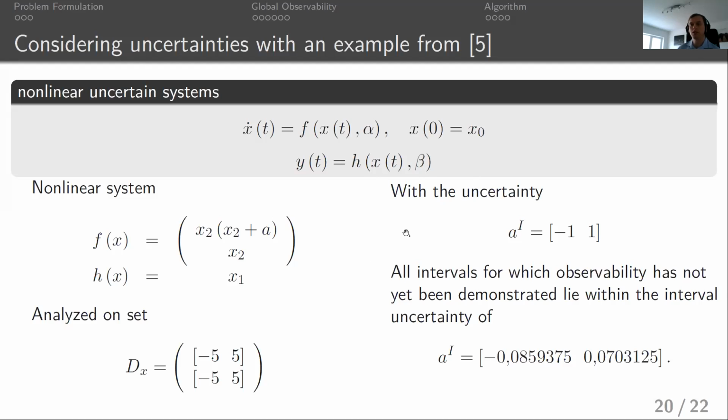So it's not that the algorithm delivers automatically something like that, but you can use it in a trial and error case.